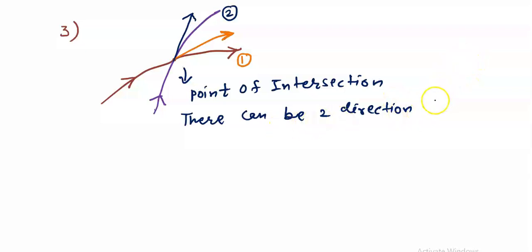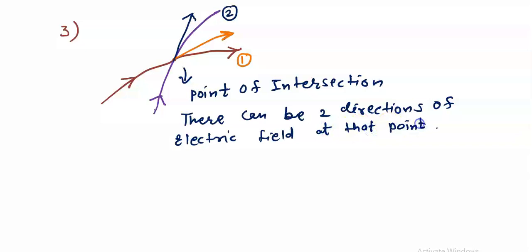So there can be two directions of electric field at that point, and this is not possible. You can't have two directions of electric field at a point, and that's why this is not possible. So this is the third property.